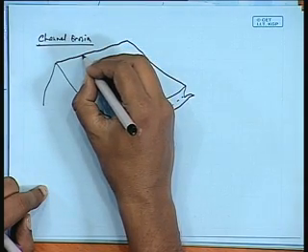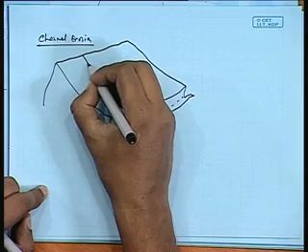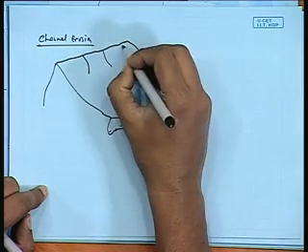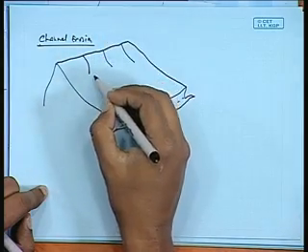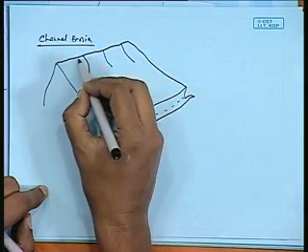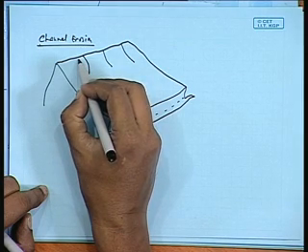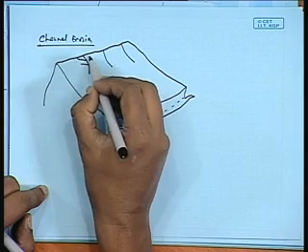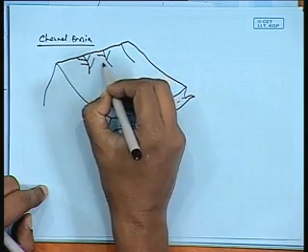Depending on the soil characteristics, the slope and the watershed, the channels begin to form like this.